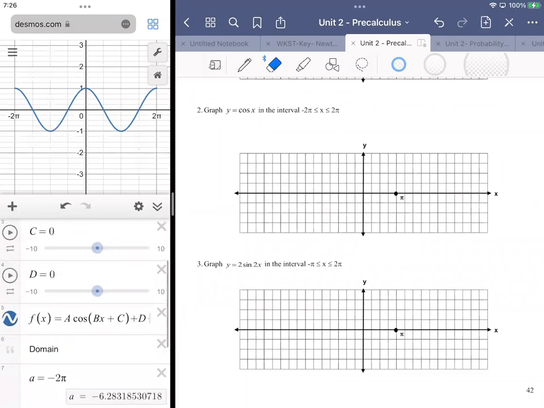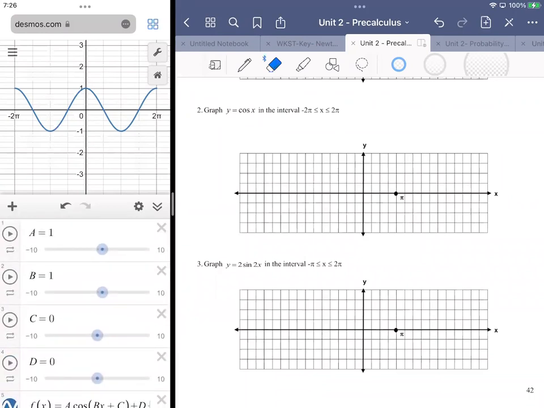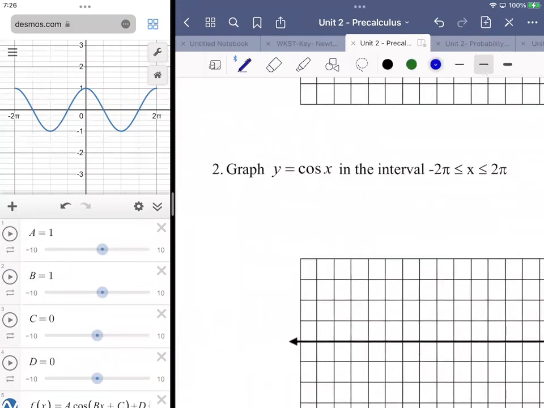All right. So what we do is we input our A, B, C, and D values based off of the equation that we're given. Here it's a simple y equals the cosine of x. The general form is y equals A cosine bx plus c plus d, which means the A value, B value, C value, and D value can be easily obtained here. The A is the coefficient of the whole thing, which is a 1.